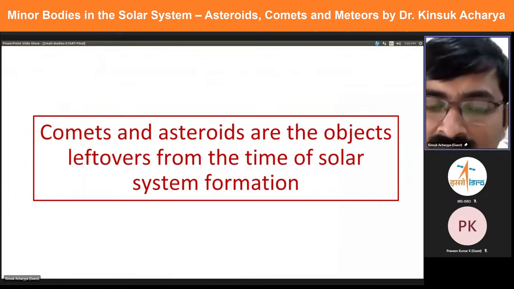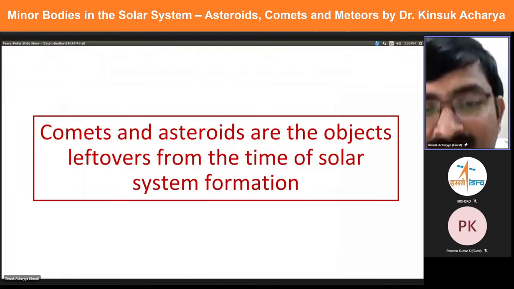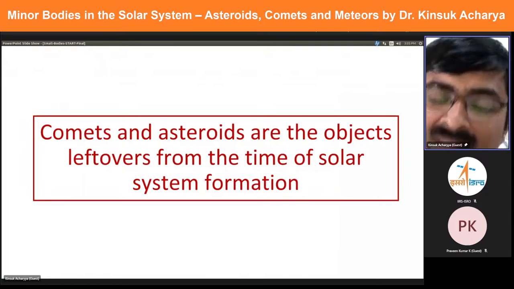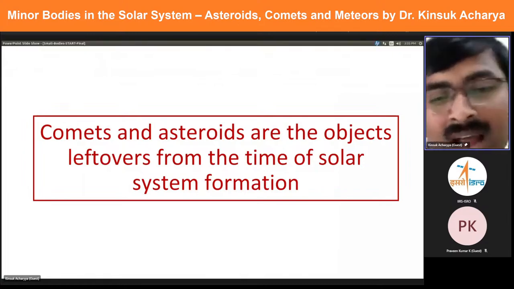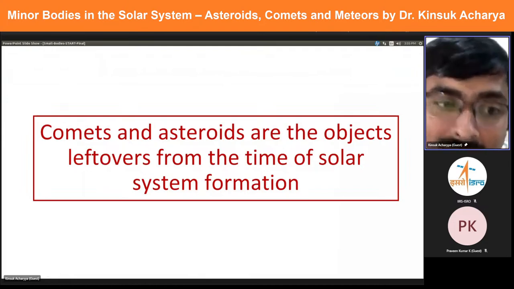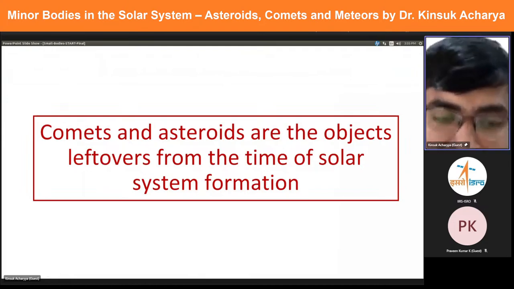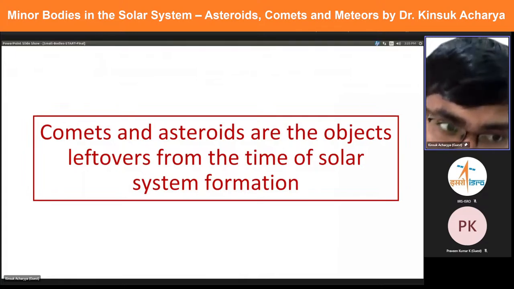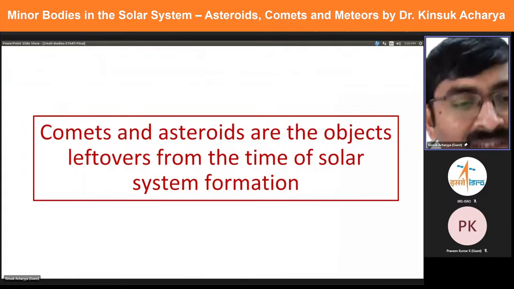They are actually time capsules. They preserve the various physical and chemical events that happened in our solar system. The videos that I have shown are to make this point: we need the knowledge and understanding from these comets and asteroids, so they are very important.